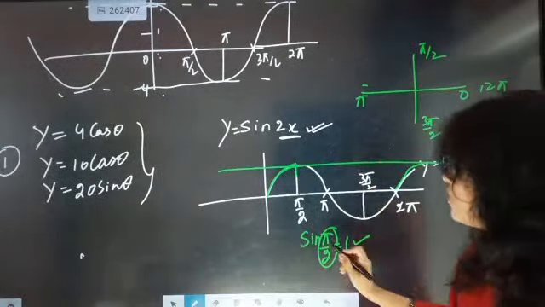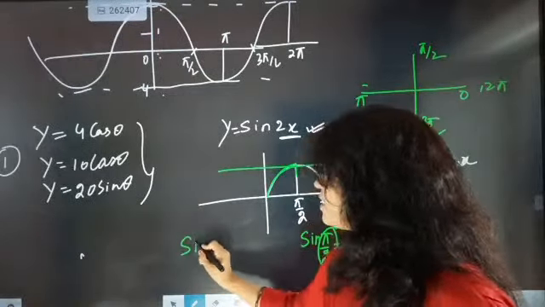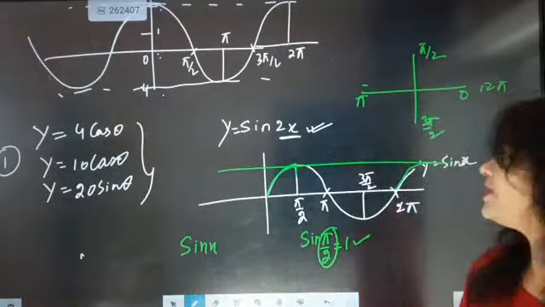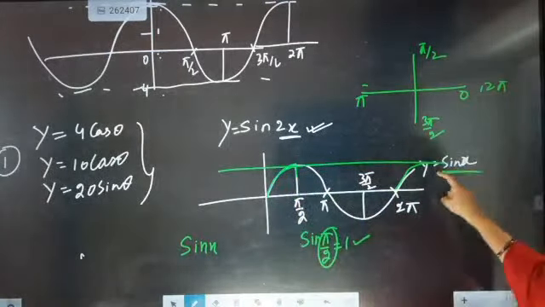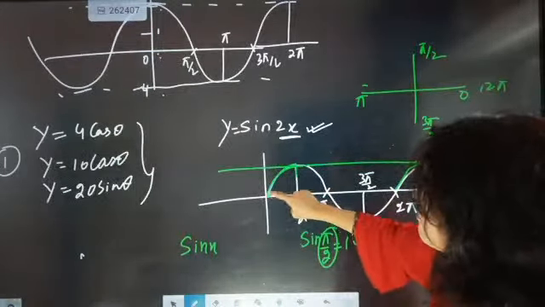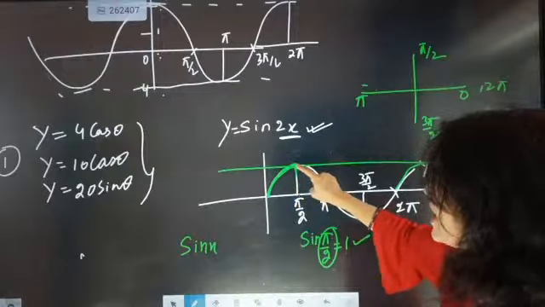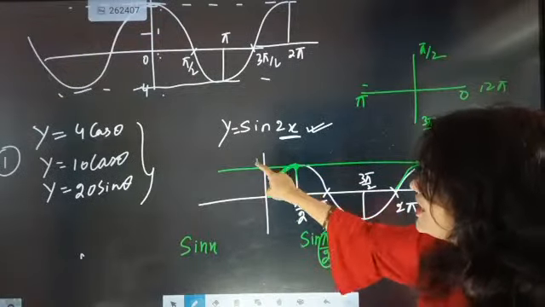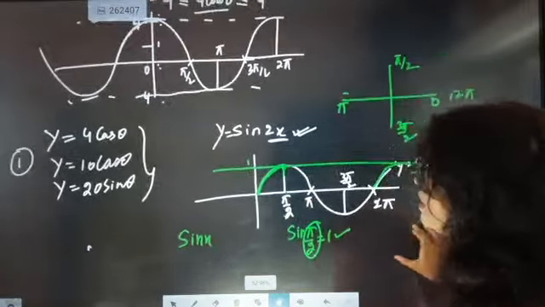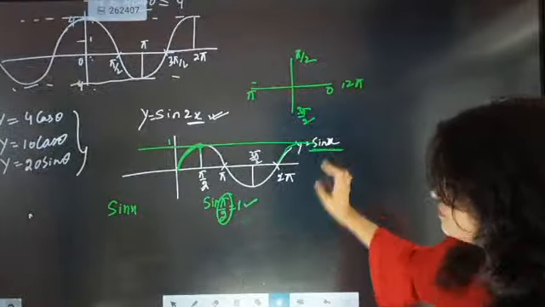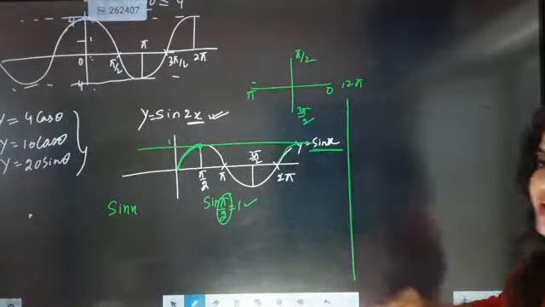Fine. So now when sine x is there, listen one more time, I am repeating. When the sine x graph is there, then the maximum value for sine is coming at pi by 2, that is 1. Now I am writing here so that you can understand.